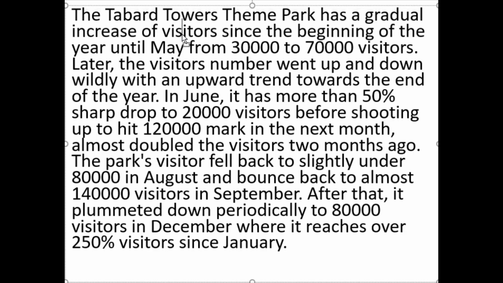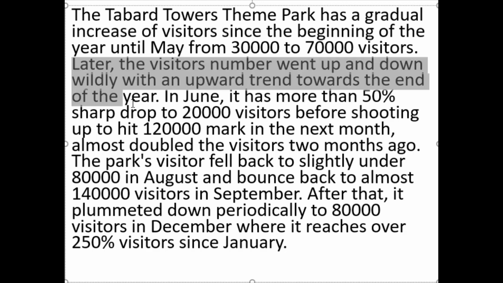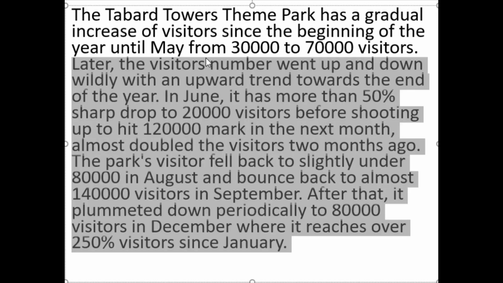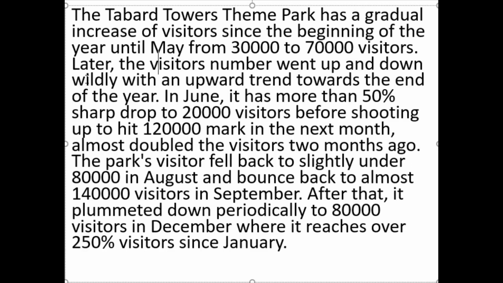So if this is about the increase since the beginning of the year until May, then in the rest of the paragraph we are going to expect to read about the increase from the beginning till May.